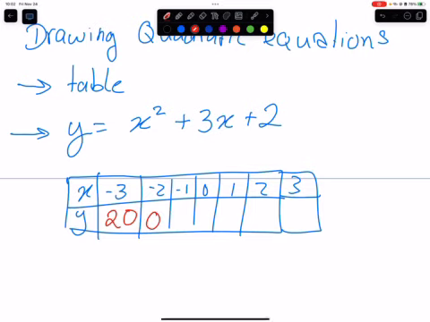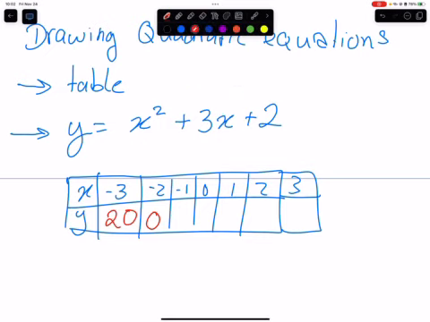For -1, 1 minus 3 is -2. Wait, that means I made a mistake at -2. This is 4 minus 6, minus 2. Oh yes, minus 1.